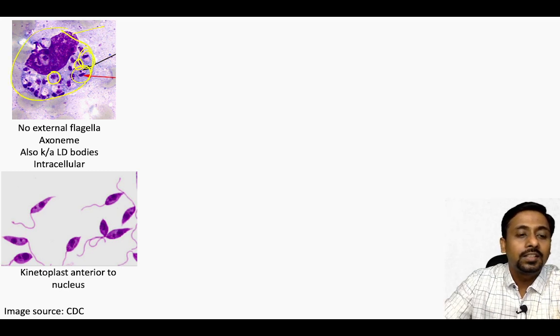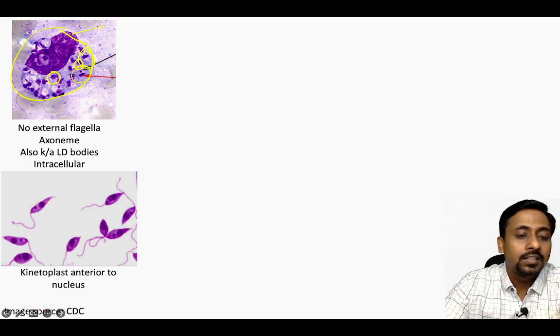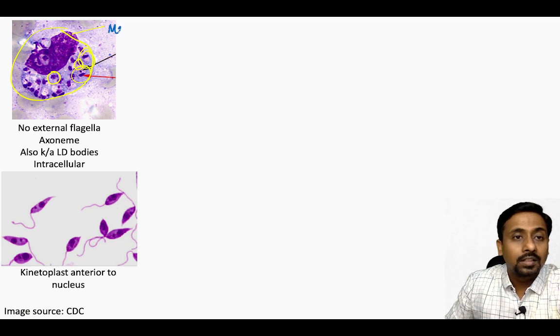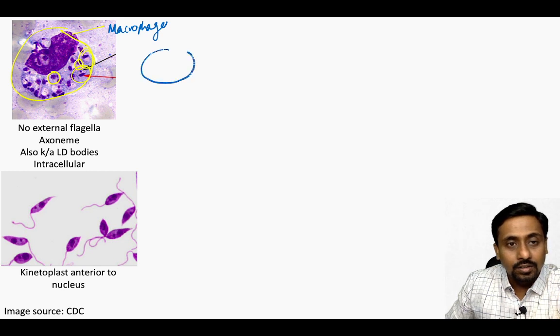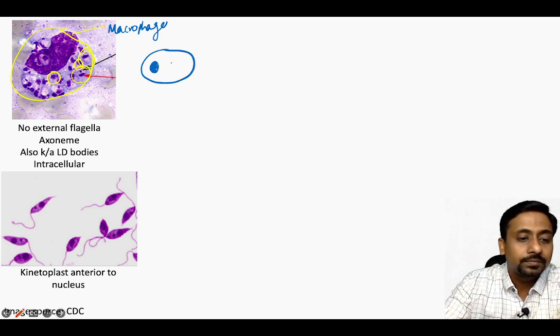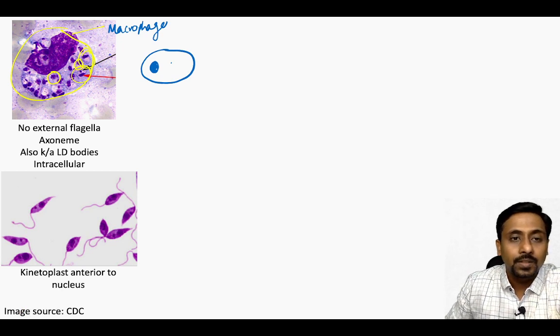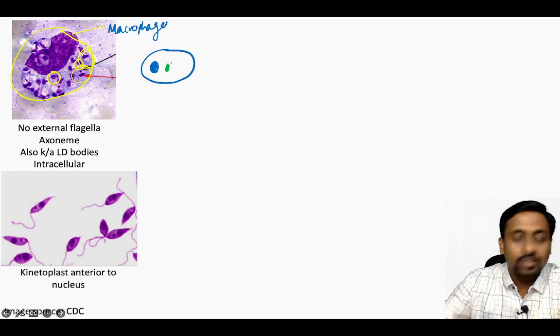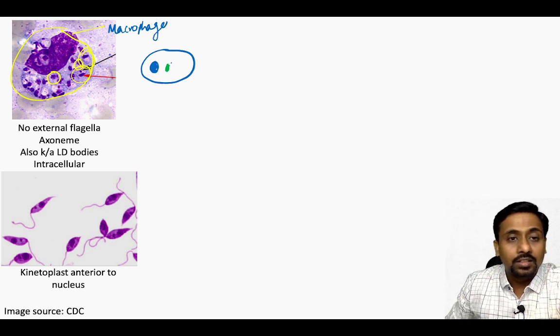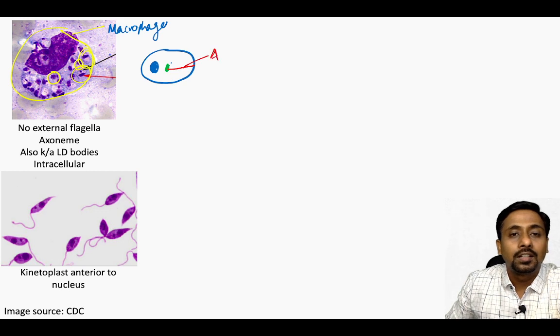This cell is a macrophage, and in this rounded structure you can see the nucleus and the kinetoplast. If I draw a diagram, it will look something like this: a nucleus and kinetoplast, and then there is one more structure which cannot be seen in this smear, called the exoneme.